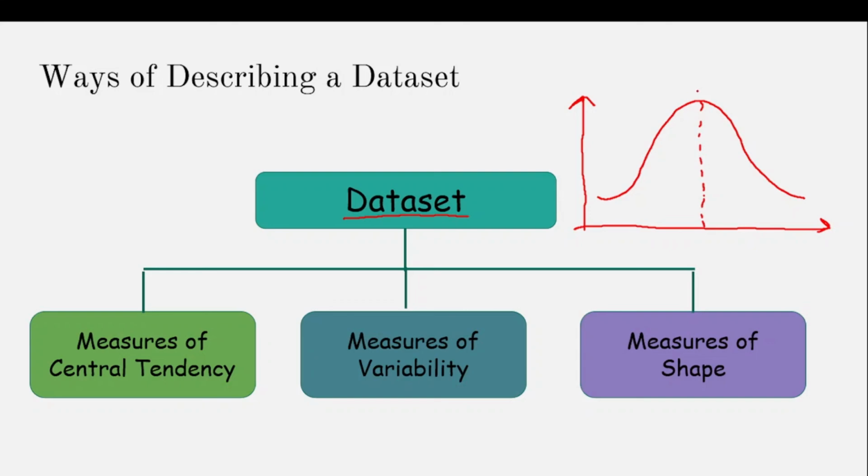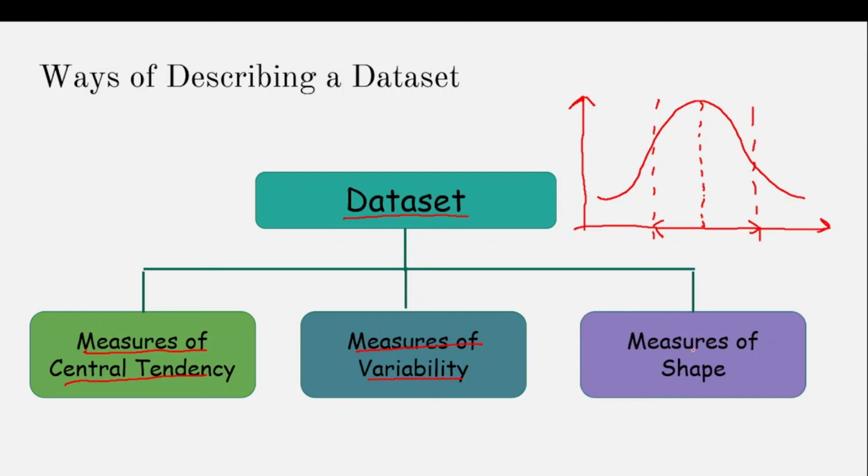So to describe the center or the central tendency, we need the measures of central tendency. Apart from this, we also need to know what's the extent of this graph, right? Like what's the range of the values, in what range the majority of the values lie. So we need to know such parameters. So for this, we have measures of variability.